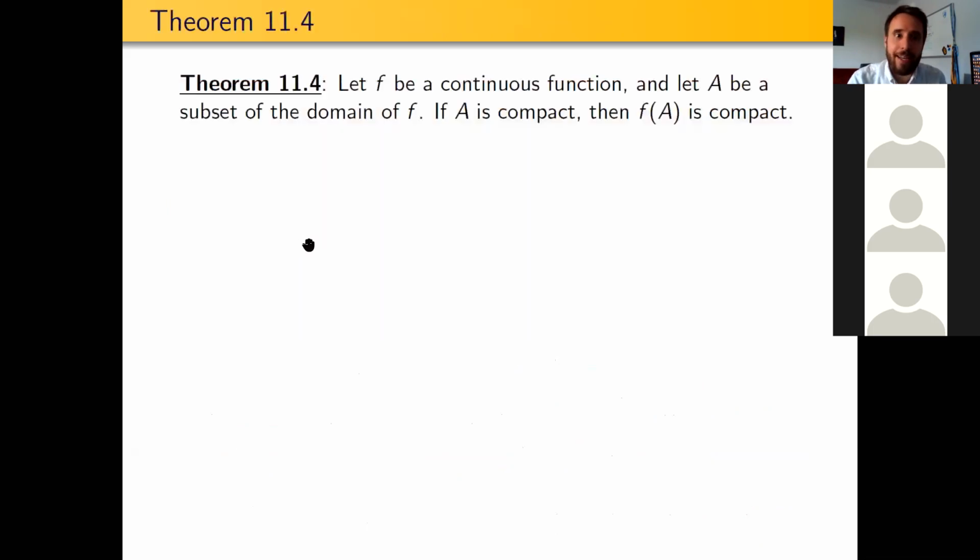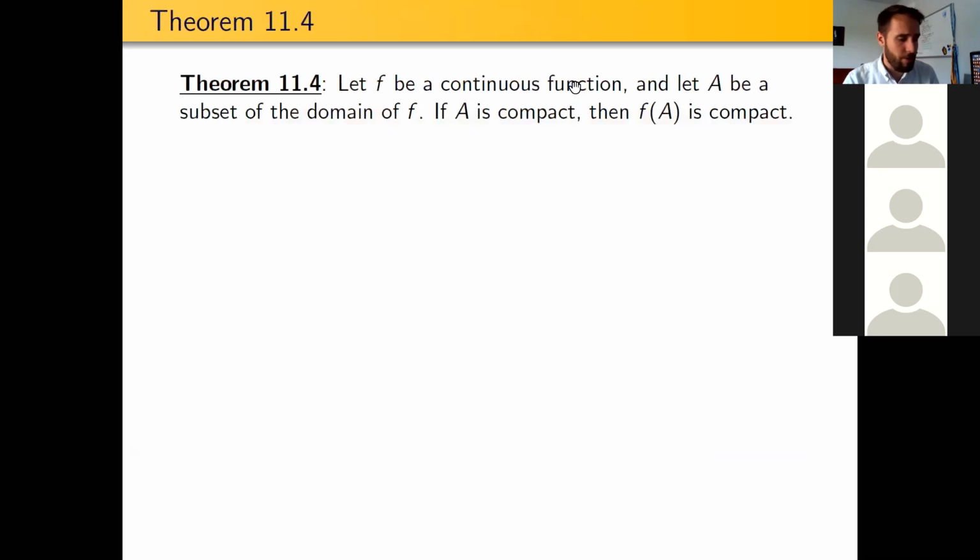And so we will see that in action right away as we look at theorem 11.4. So now we begin our big sweep of results that happen in chapter 11. So theorem 11.4 says that if f is a continuous function and A is a compact subset of the domain, then the image of A will also be compact, right?